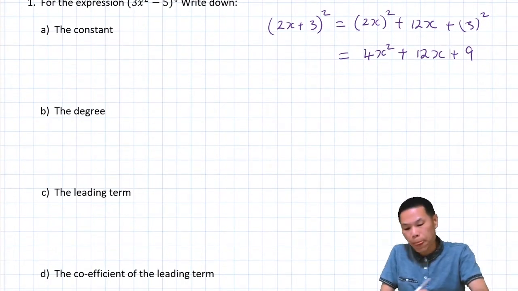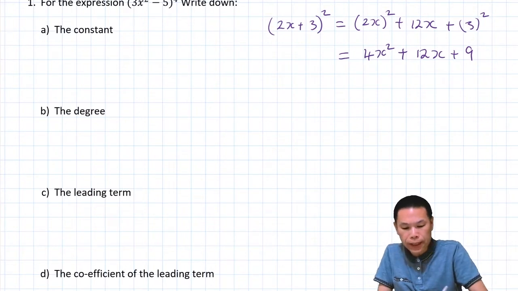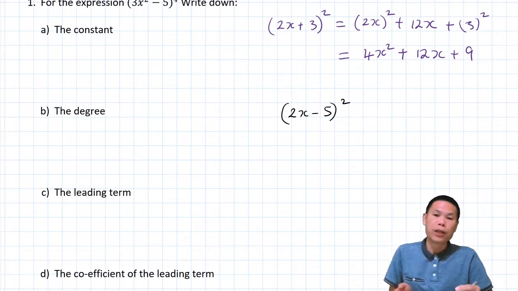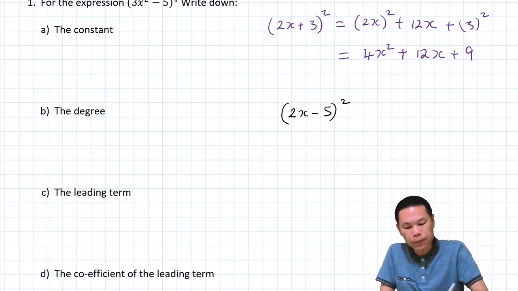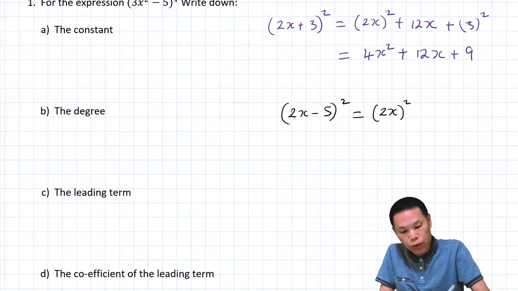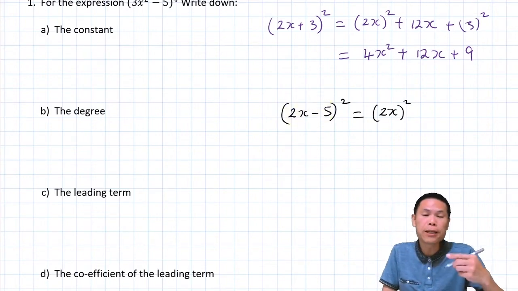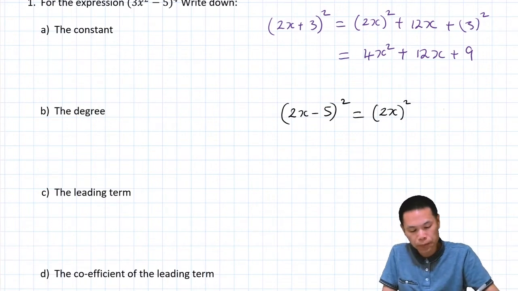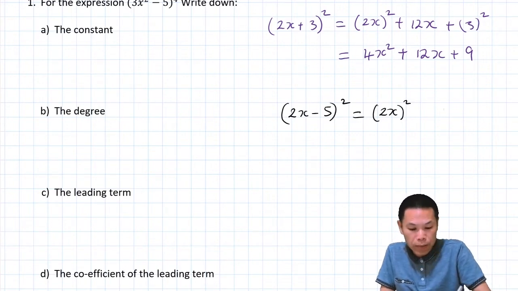Now similarly, if we have, for instance, (2x minus 5) squared, I expand this again. This is (2x) squared plus 2x times negative 5, that gives me negative 10, and I double it, so that gives me negative 20x.